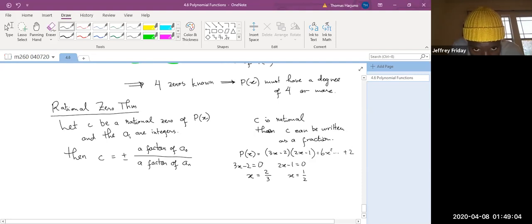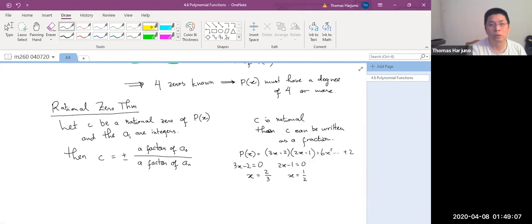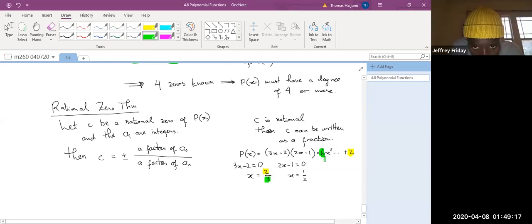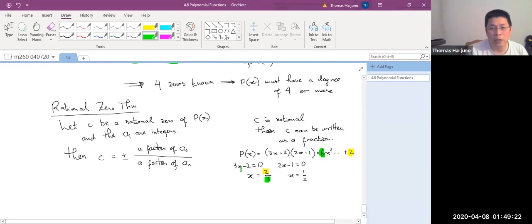Notice that in this 2 over 3, the 2 is a factor of 2, and the 3 is a factor of 6. If you see further, this 3 later on goes here, and the 2 later on goes here. Notice that the denominator is always a factor of the leading coefficient, while the numerator is always a factor of the constant. Do you see that?